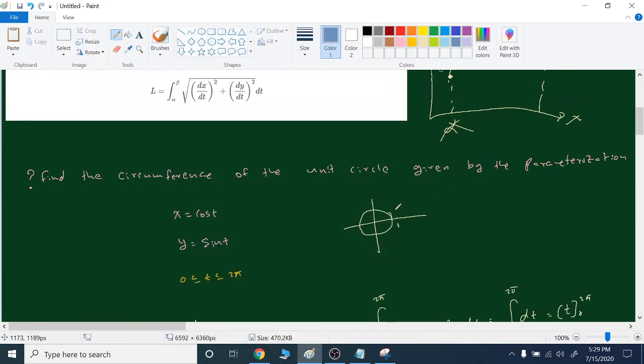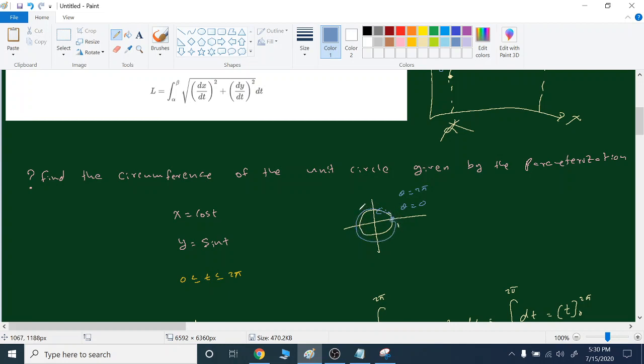That means you start from here at theta equals 0, and by increasing theta, this curve will traverse this distance and come back to the starting point at theta equals 2 pi. So in between these two parametric values, the curve has completed one full cycle.